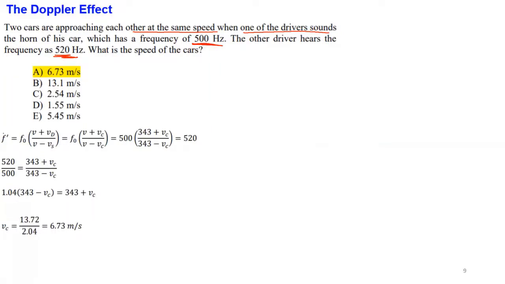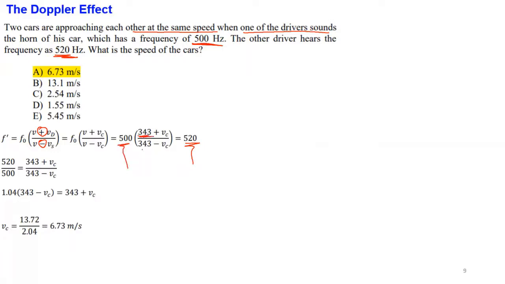Yes. So you apply your formula. F prime is F (V plus VD) divided by (V minus VS). I know that there are these signs because this is the highest frequency. They are approaching each other. So I know everything. I know F prime, this is detected by you. This is the frequency emitted by me.